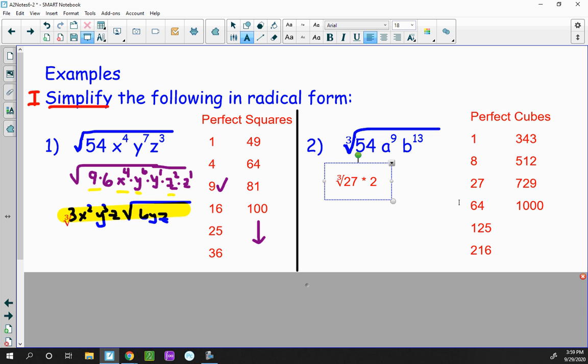We can take the cube root of a to the 9th, so we're going to leave it as a to the 9th underneath the radical. And then b can be broken down into b to the 12th times b to the 1st.